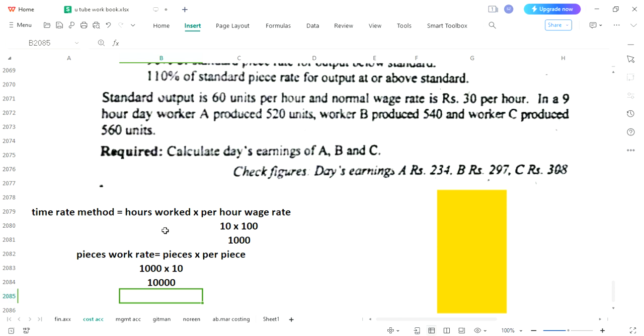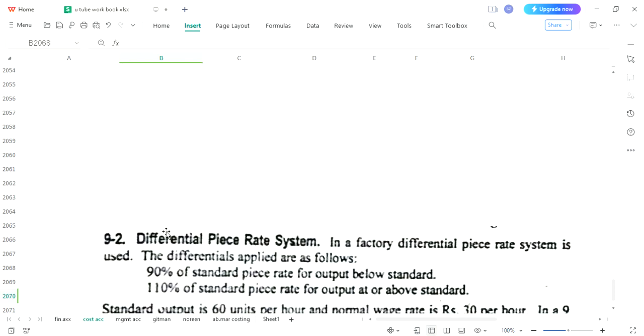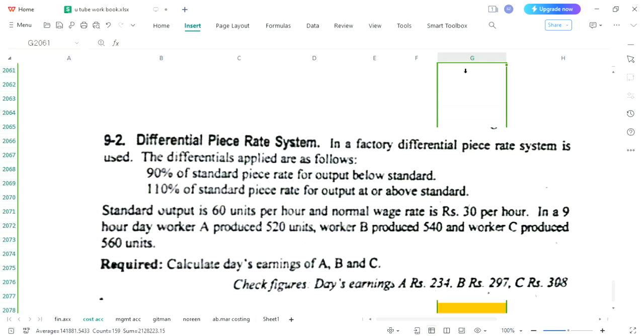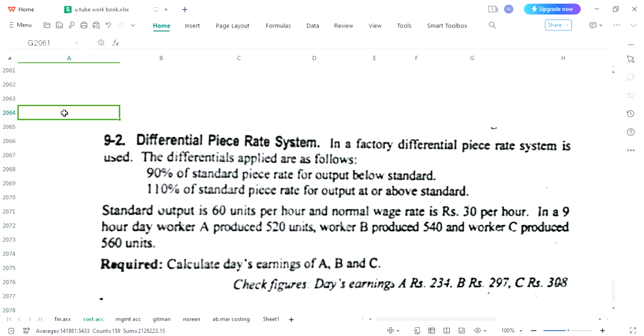But what is this differential? A new word has been introduced, differential rate system, under which what will happen if some worker has worked well or more than the standard which was set. Let's say the standard production which was set is 1000 and he had worked more than 1000.